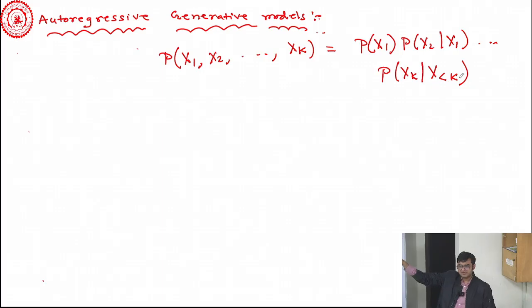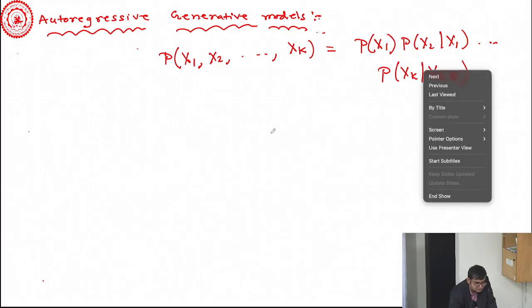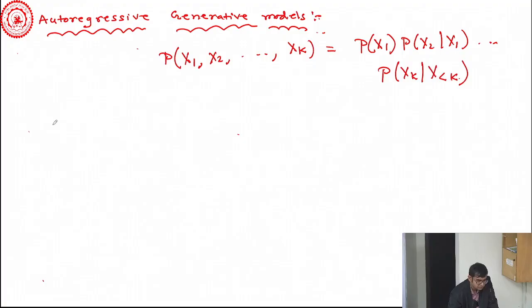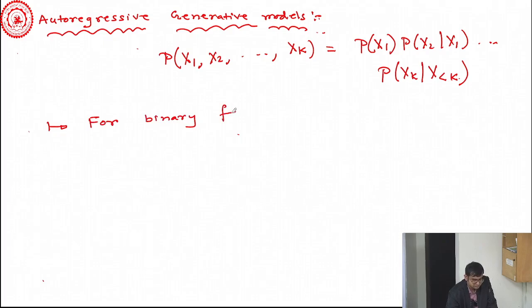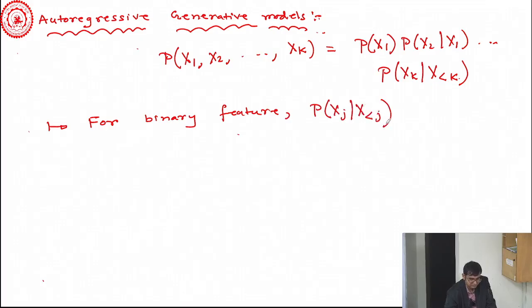So this was the autoregressive scheme, or autoregressive generative model, that we talked about last time, and we said that for binary features, P of, let's say, xj given x of 1 to j minus 1, so I am writing this one, is modeled as Bernoulli, right?